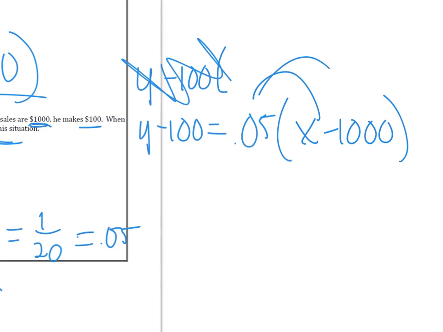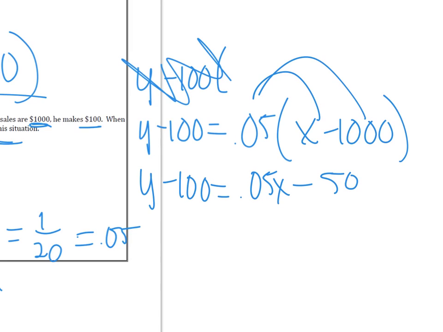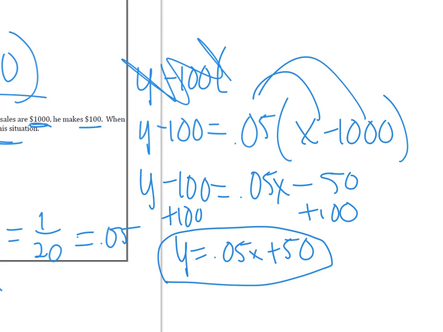Now if I distribute this, 0.05x minus 50. So add 100, add 100. y equals 0.05x plus 50. There's my equation to represent that.